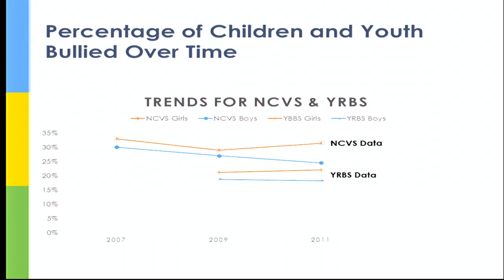And finally, the lines on the bottom, data from the YRBS, which again looks at high school students' experiences in the previous year, showed no changes between 2009 and 2011, the only 2 years for which there are comparable data given changes in the wording of questions over time.